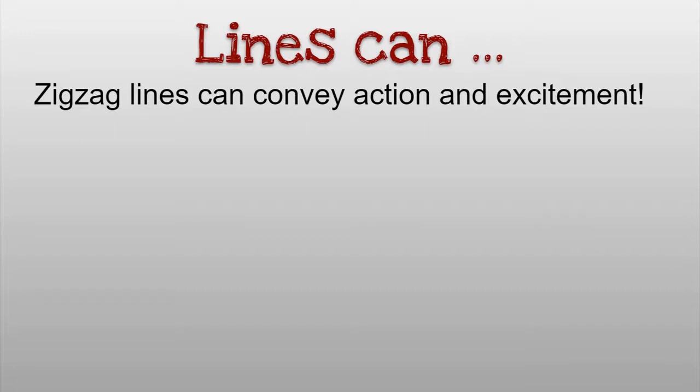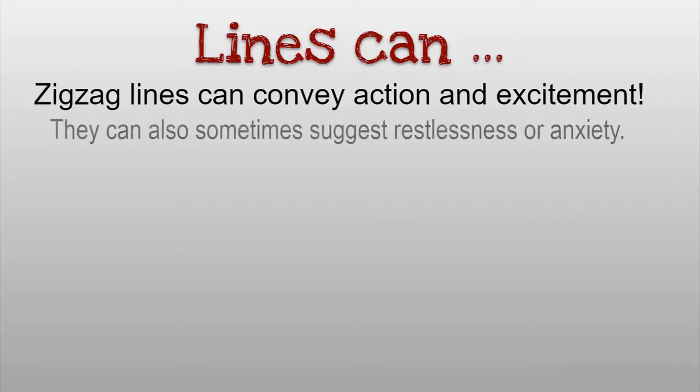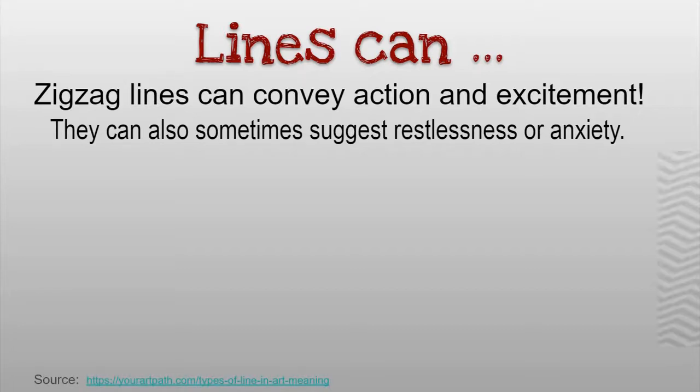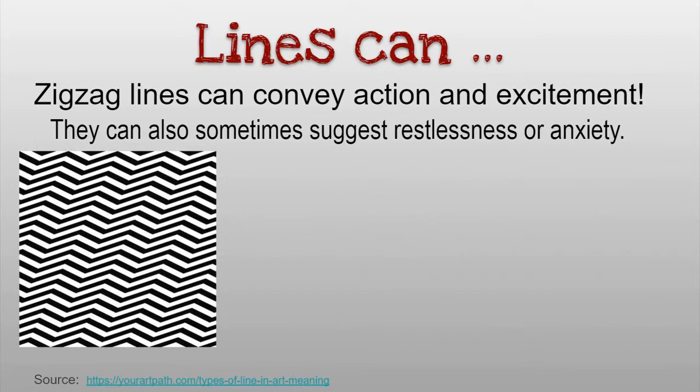Zigzag lines can convey action and excitement. They can also sometimes suggest restlessness or anxiety. In this zigzag picture, when you look at it, it almost seems like the lines are moving, but they're not. Zigzag lines are often used in optical illusions for this reason.